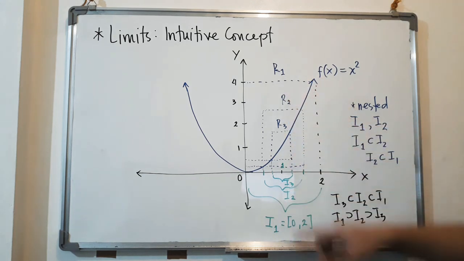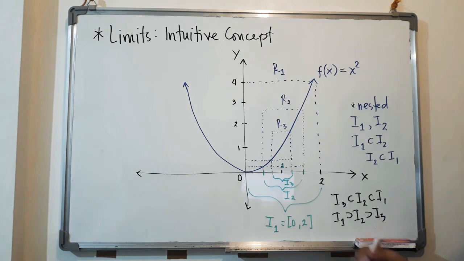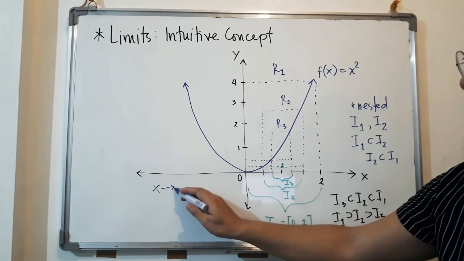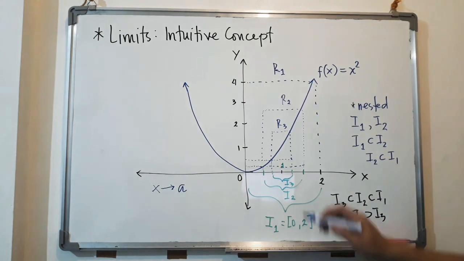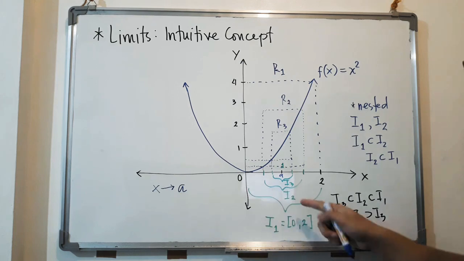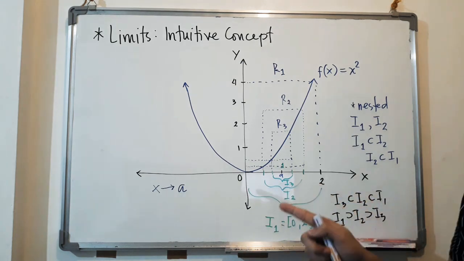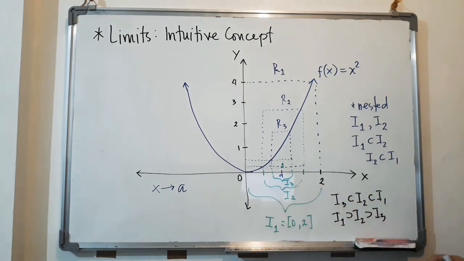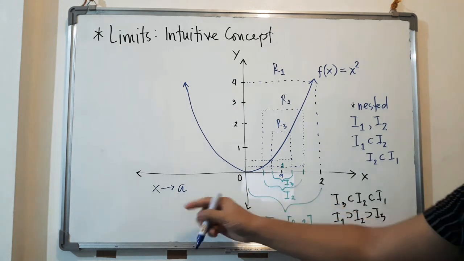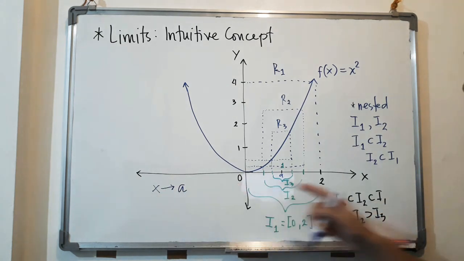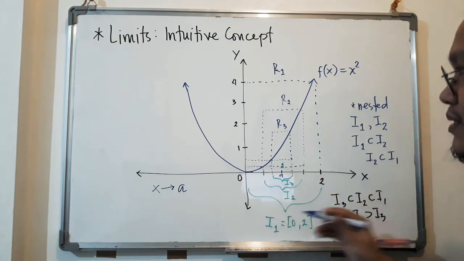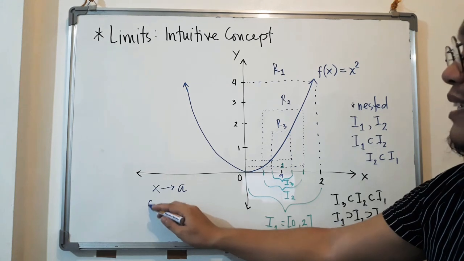Okay. As values of x approach a, di ba our a here is 1, okay? And these intervals contain values of x surrounding point a. As x approaches a from either left or right, what happened to our f of x?